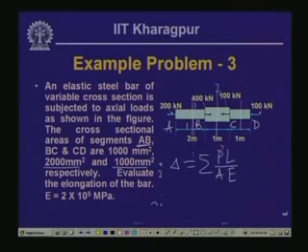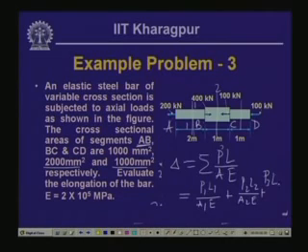So, we can write this, for the segment AB, as P1 L1 by A1E plus P2 L2 by A2E plus P3 L3 by A3E for 3 segments. Now, for the second segment, P2 is negative, is compressive, if we call P1 tensile as positive.